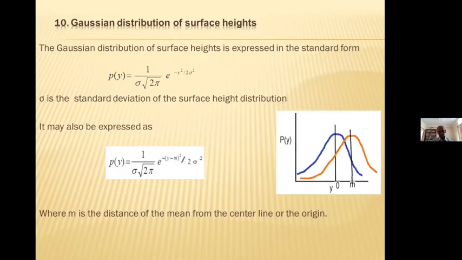But if we take with reference to some other point, say at a distance of m from the zero, then we have to write it as (y minus m) square. So this is a non-zero mean Gaussian. So this has to be remembered that there may be a zero mean Gaussian and a non-zero mean Gaussian, depending on what coordinate we are choosing.